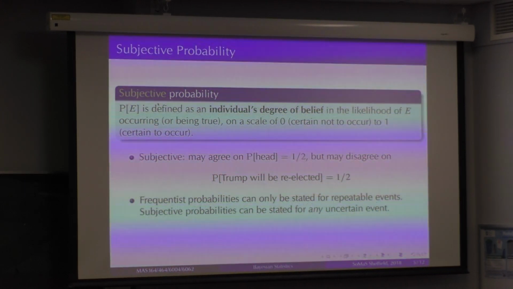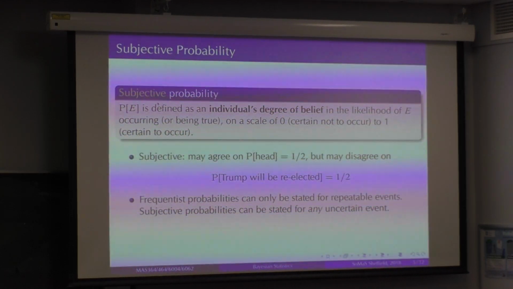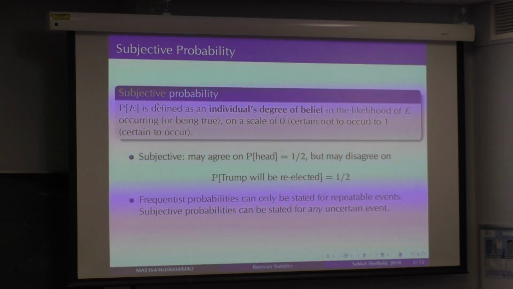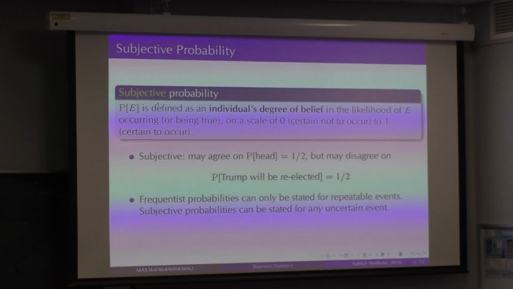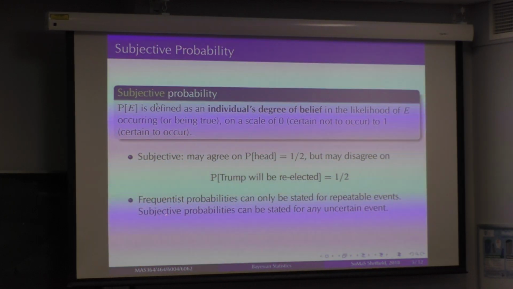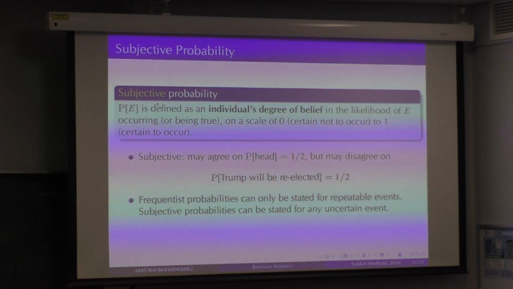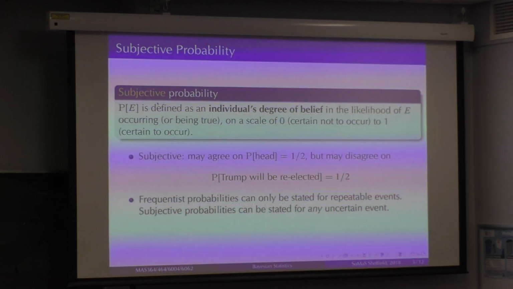You cannot repeat next year and the same conditions of the economy a large number of times in identical conditions. If you want to calculate the return on an asset, same thing, right? So just as a concept, subjective probability seems to be broader than frequentist probabilities, and hence will give you an advantage when you are doing applied work.